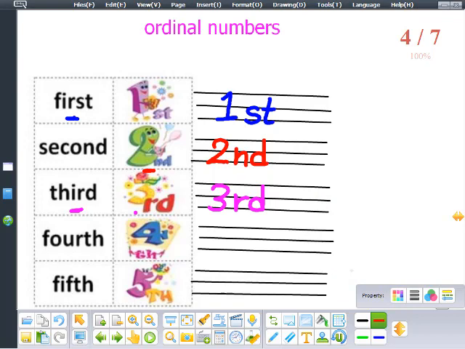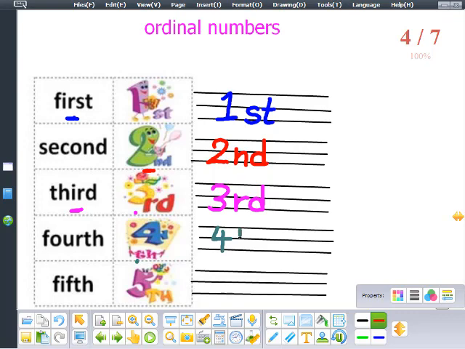Let's use another color. What about number 4? What comes after number 3? Number 4. When it comes in order, we call it fourth. How can we write fourth in numbers? We write number 4 and TH.